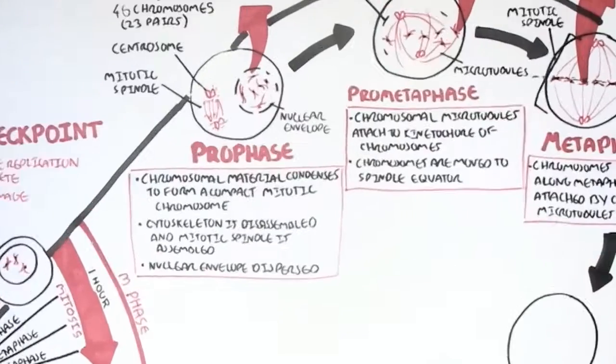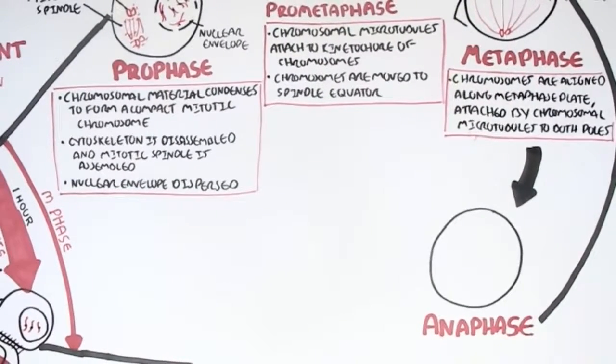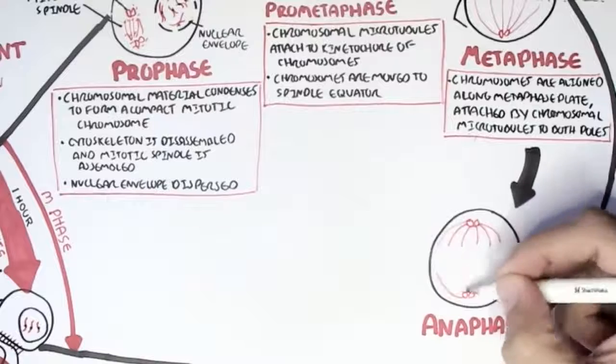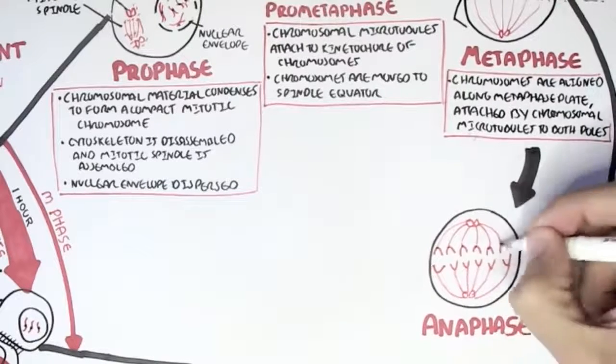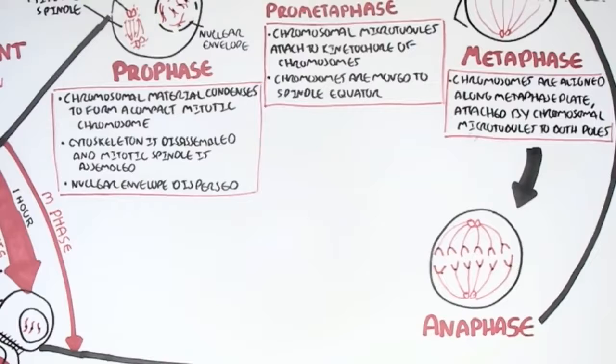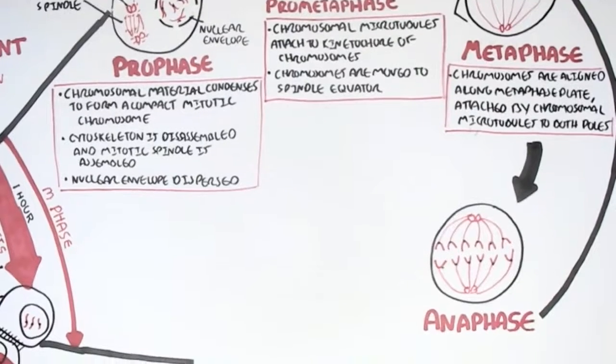So in anaphase, essentially, the centrosomes with the microtubules will pull the duplicated chromosomes apart, like so. And so one chromatid will go towards one centrosome, and the other will go to the other centrosome because it's being pulled apart.